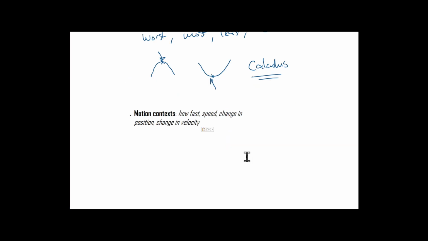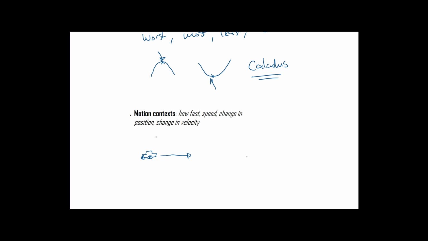Okay, the next one is motion. How fast, how slow, what's the speed, what's the velocity, what's the change in the velocity. If something is moving, that's when we would use differentiation. So if we imagine that we have a little car, you're going to have to put up with my terrible drawing. This is a maths class, not an art class, and it's going along the road there.